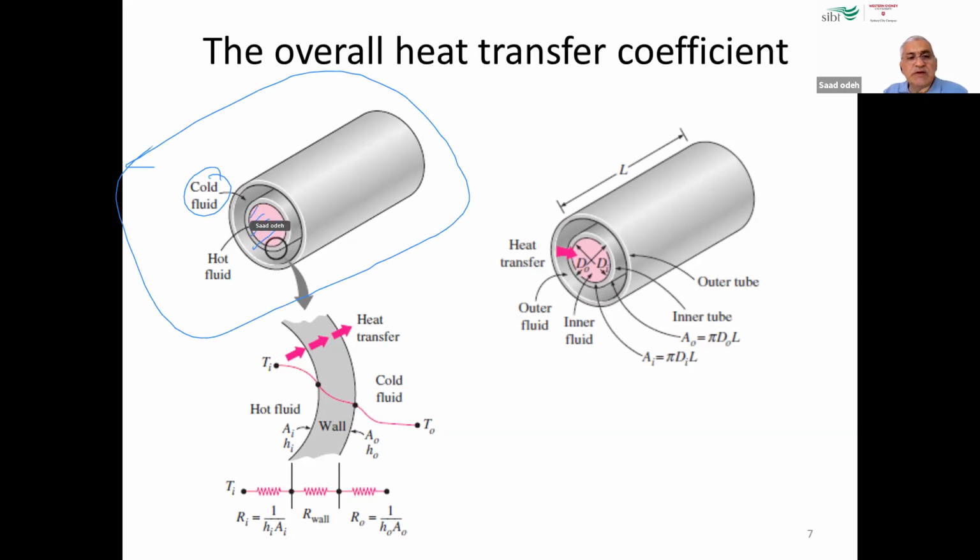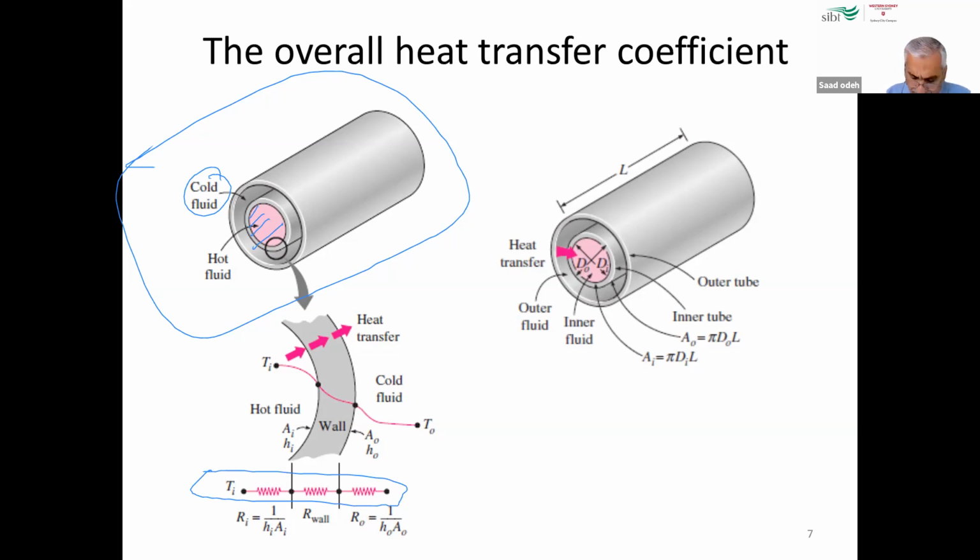Now to simulate the thermal resistance of this case, it will be quite similar to what we presented before in the thermal resistance lecture. Remember before we mentioned that if we have a circular tube, we can always represent the thermal resistance by these three resistors.